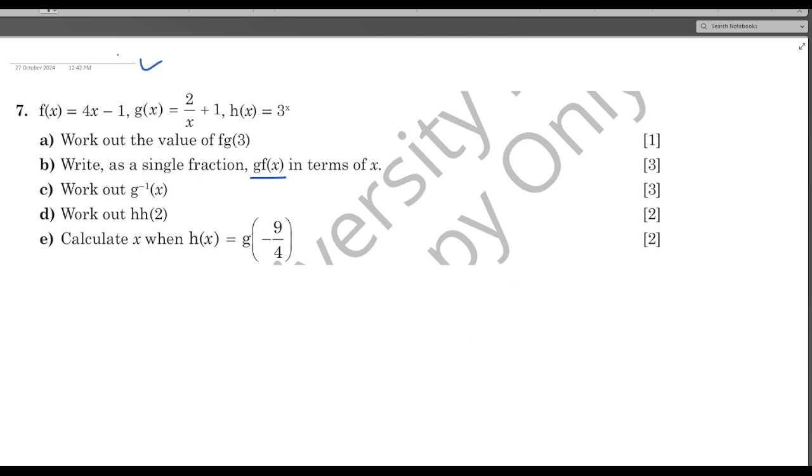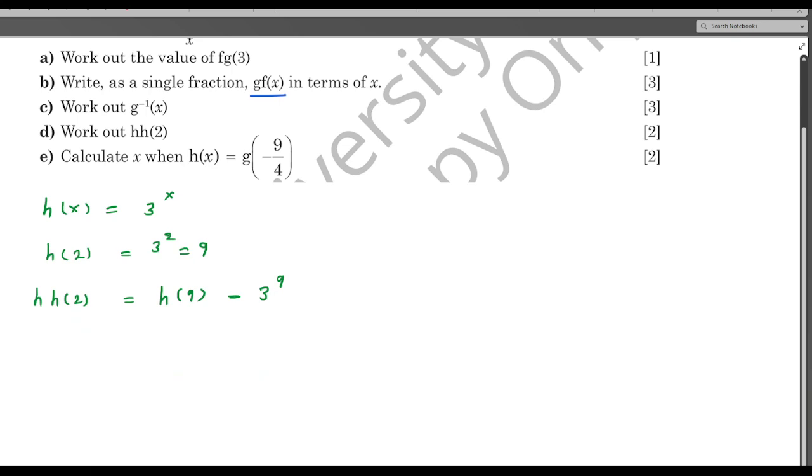So your h of x is 3 power x, so h of 2 will be equal to 3 power 2, which is 9, and therefore h of h of 2 will be equal to h of 9, which is 3 power 9.